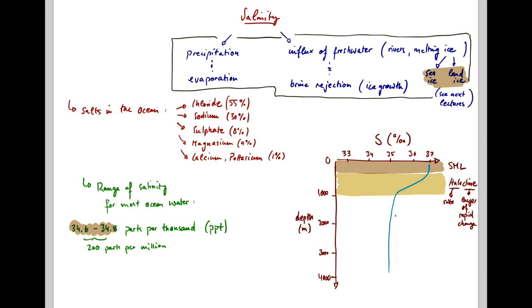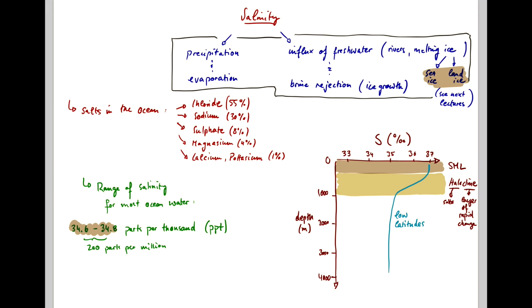This is typical for low latitudes, broadly speaking. There are regions, especially in the intertropical convergence zone, just south of the equator, where you have a lot of precipitation, and then the profile looks a lot more like this.